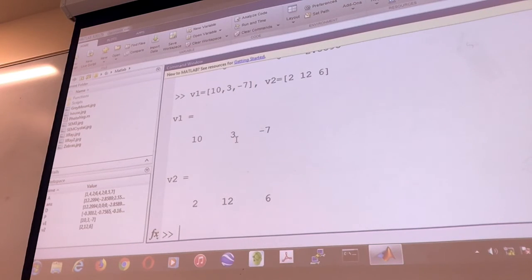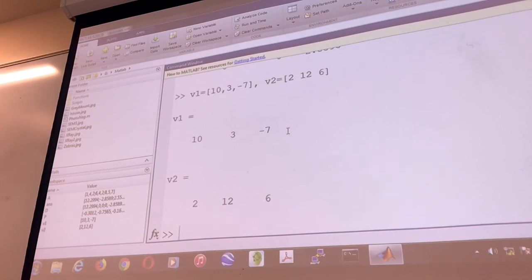Now, neither of these obviously is along a single axis. They're pointing off into some portion of three-dimensional space. But if I wanted to find the total force in the direction of V2, I would want to find how much force V1 has in the direction of V2.